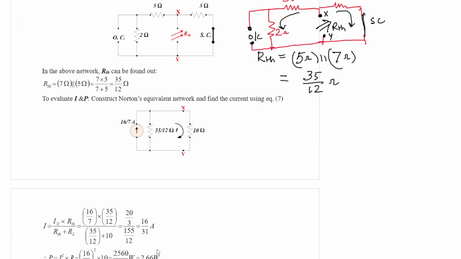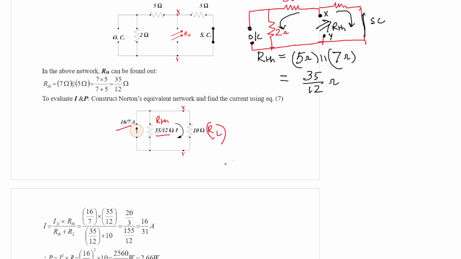Now let us construct the Norton's equivalent network. First we have the Norton current, which is equal to 16 by 7 ampere. Then parallel to that, 35 by 12 ohm, that is our RTH. And then we have RL as 10 ohm. So this is the Norton equivalent network.